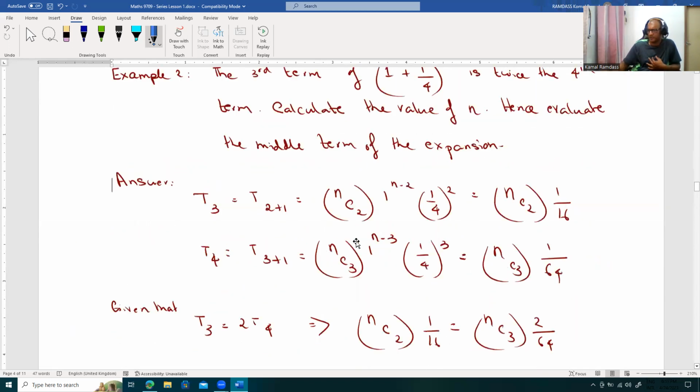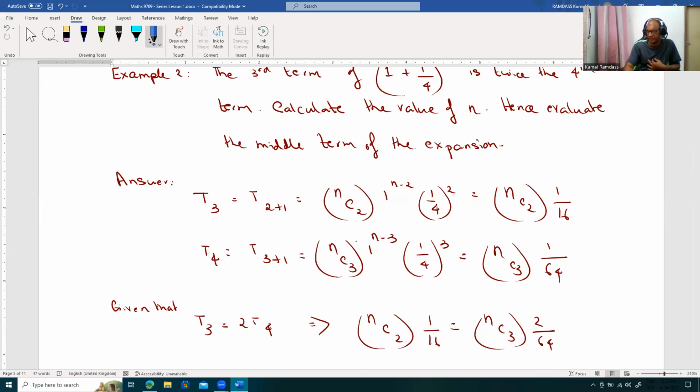So we express it as T(2+1) = nC2 × 1^(n-2) × (1/4)^2. Since 1 to any power is 1, this is nC2 times 1/16.